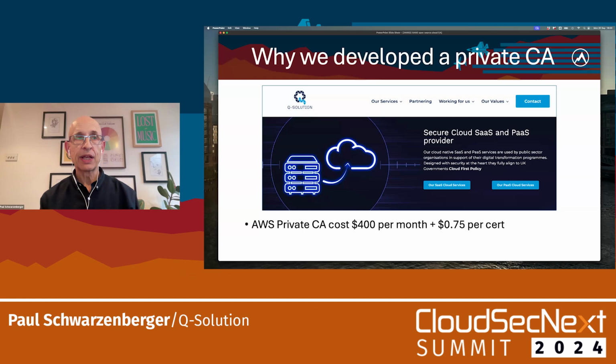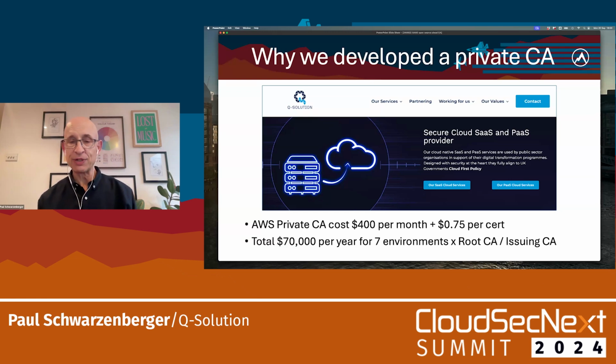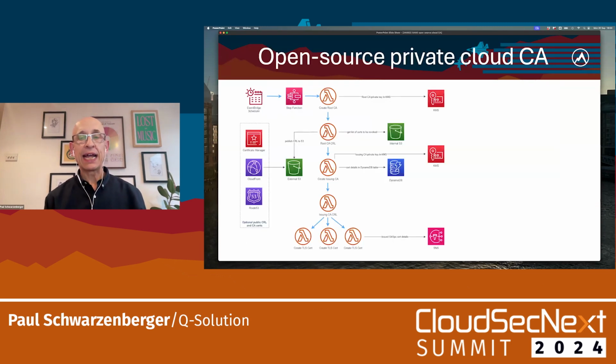When we added all this up, it was looking at something like $70,000 per year for 7 environments, given that we wanted a root CA and issuing CA pair in each environment. That was an excessive cost for us. So that was the main motivation, and this is what we built and developed.